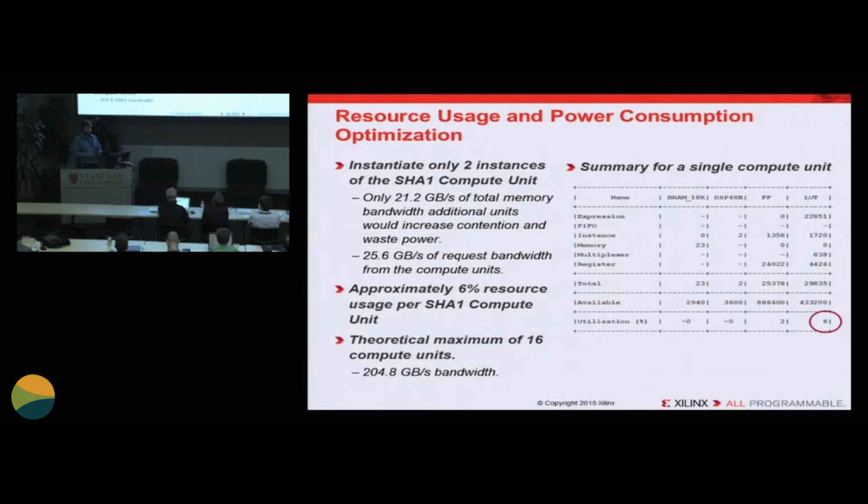However, if we get to a situation where we have a larger memory bandwidth, and this is something that we don't have currently, but we're looking at other types of memory, the theoretical maximum that this compute unit design could provide is 204.8 gigabytes per second.